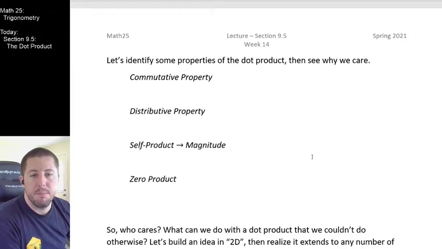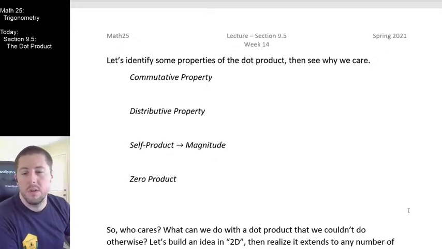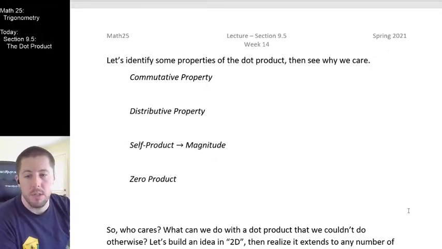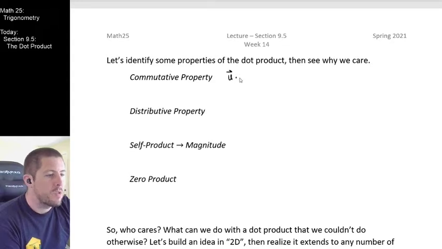So let's identify some properties of the dot product and then see why we care to identify these. Our first couple of properties are really just indicating that the dot product as a multiplication does hold most of the properties of scalar multiplication that you're used to. The first one is the commutative property. To commute is to move around. The commutative property says that we can swap the role of the multiplication within the dot product and that keeps the same value.